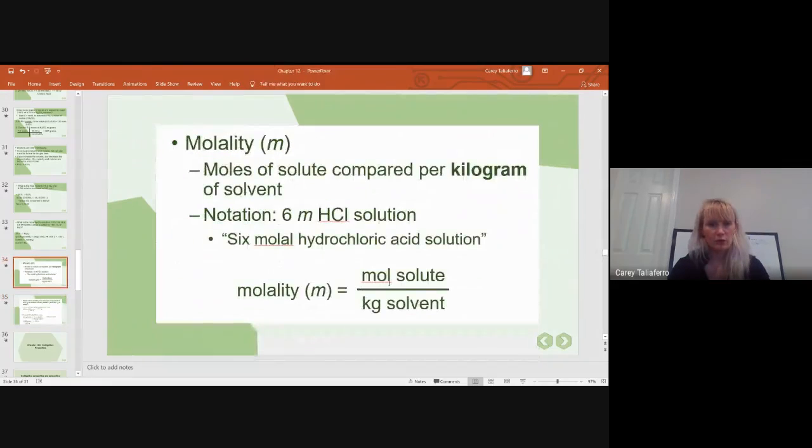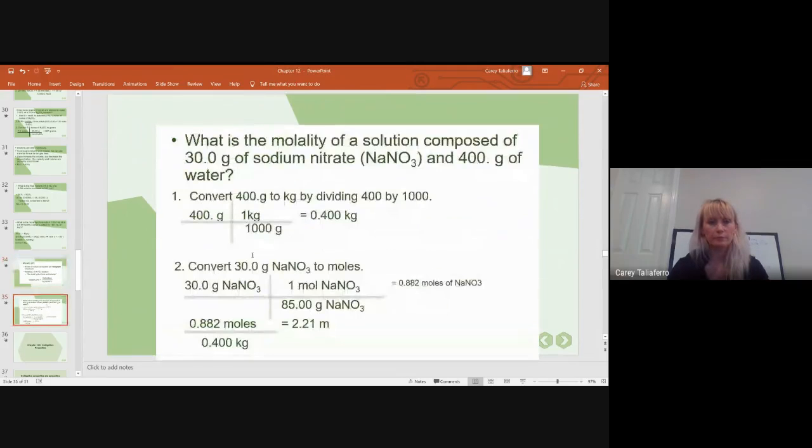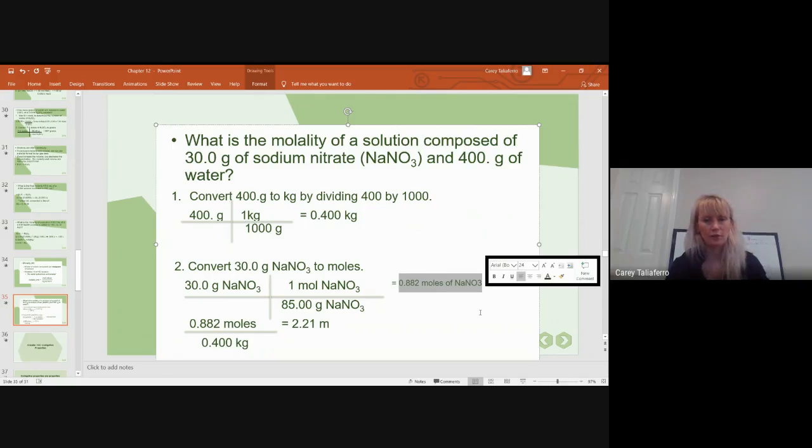Now, go back again. I need moles of solute, but in my problem, I have grams. So I have to convert. 30 divided by the molar mass, which is 85, gives me... actually, that is wrong. Let's do that quick math again. 30 divided by 85 is 0.35.